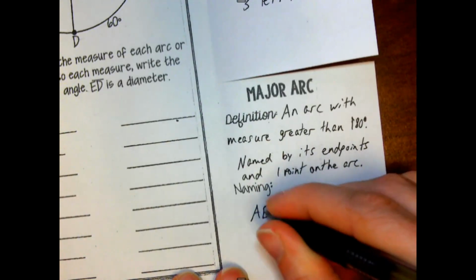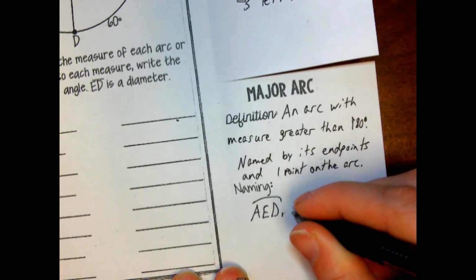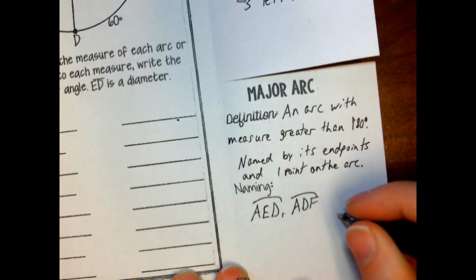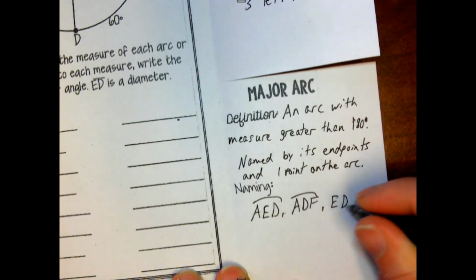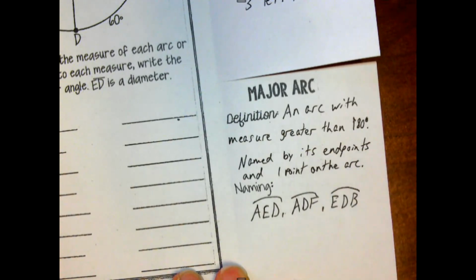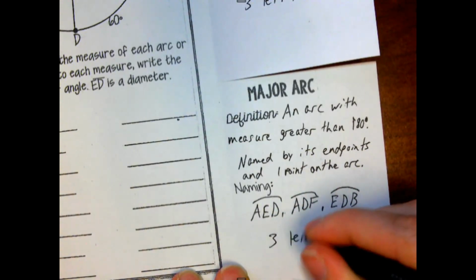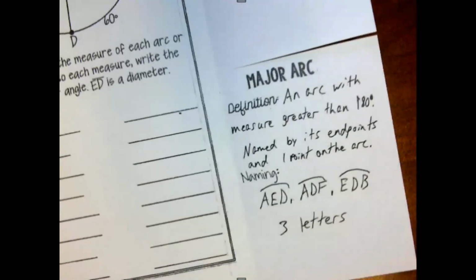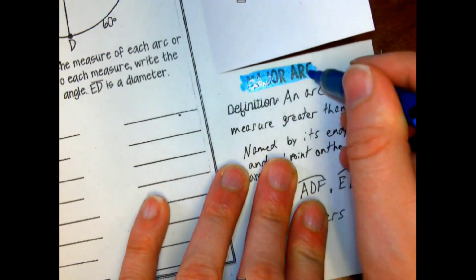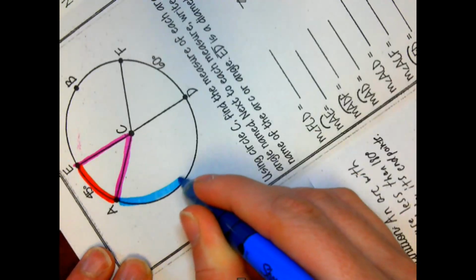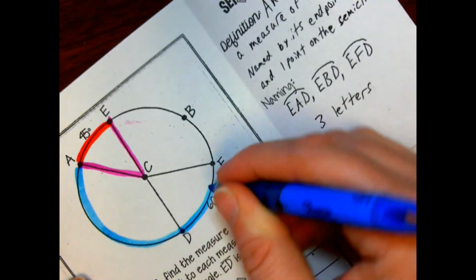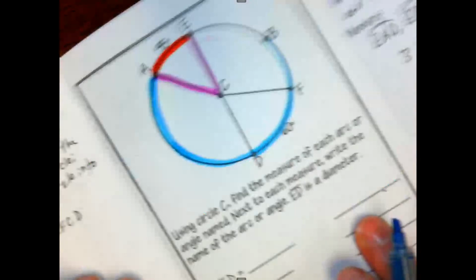So like major arc AED, major arc ADF, major arc EDB, three letters to name a major arc. So for example, major arc ADB would be all the way around, like that.